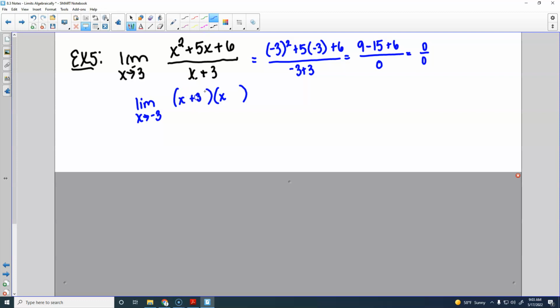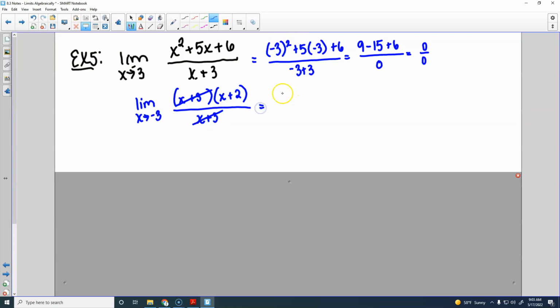So we have x plus 3 and x plus 2. And let the denominator help you factor a little bit too, because usually there's going to be something that cancels for most of these. Not always, but most of the time. So x plus 3, that's going to cancel.